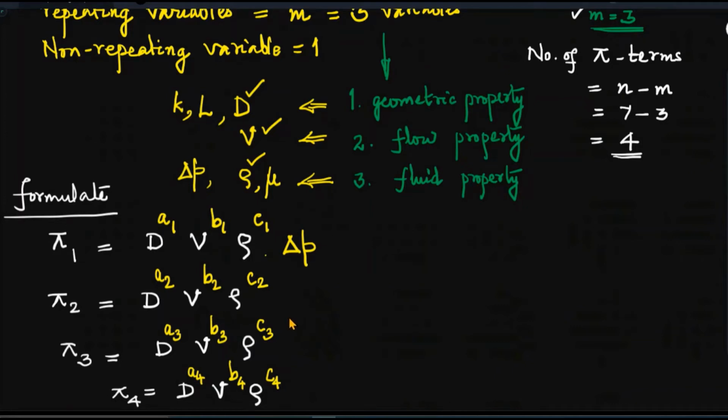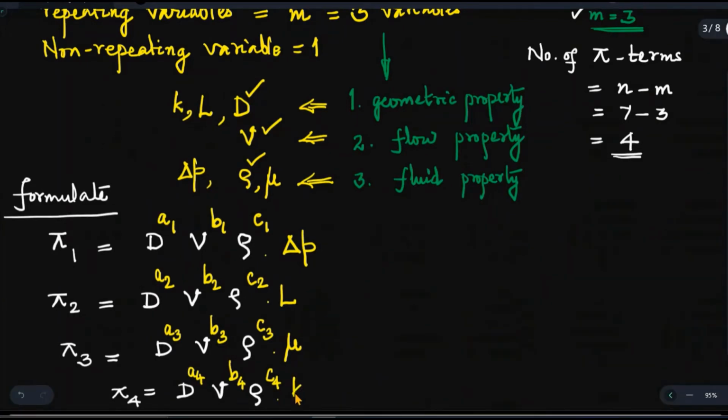All have to be used. What is remaining is the length. So in the second pi term I'm going to include L as a non-repeating variable, and in the third one I'm going to use mu, because dynamic viscosity is there. And now the last one, that is the pipe roughness K, as the non-repeating variable.